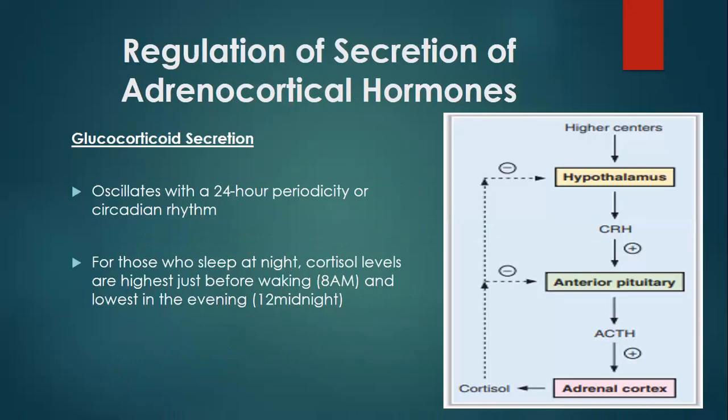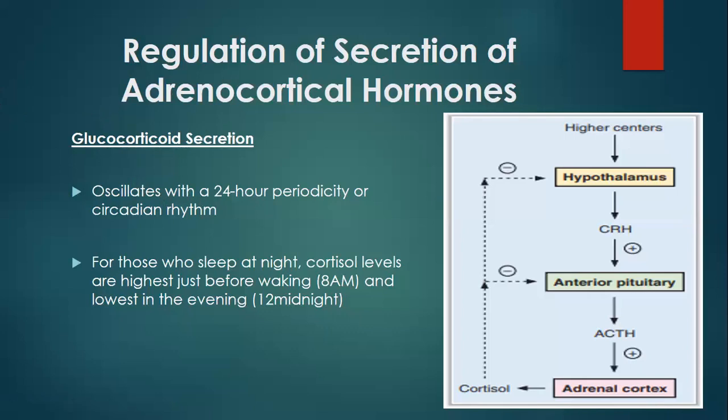Now, I've mentioned a while ago that these hormones have roles in the body, and secretion of these hormones is regulated by different parts of the endocrine system. Let's start first with the regulation of glucocorticoid secretion. This oscillates with a 24-hour periodicity, or circadian rhythm.